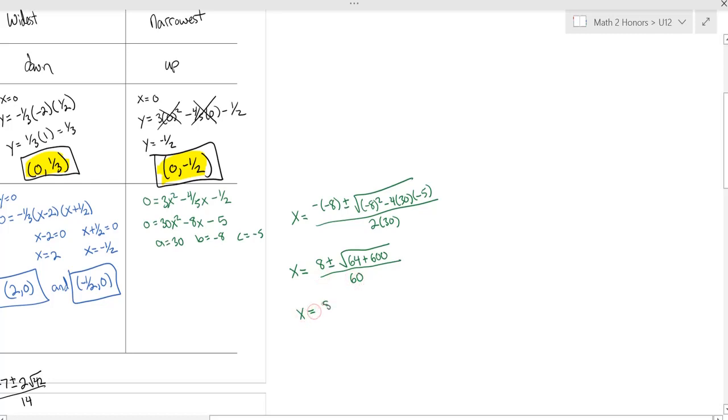Keep simplifying. So 664 all over 60. Now the square root of 664, let's try to simplify that.